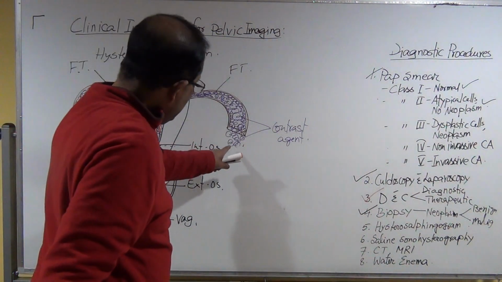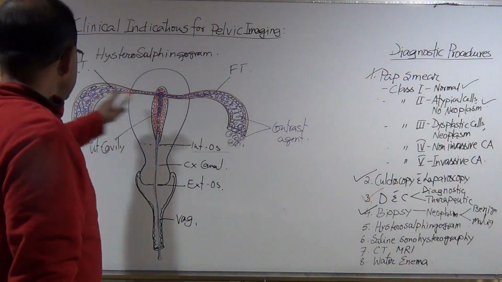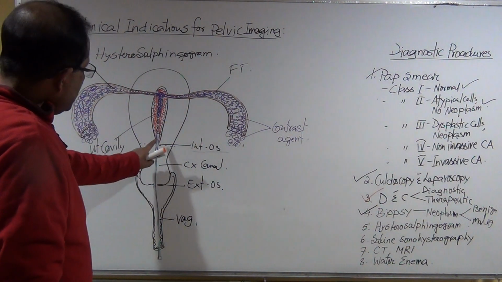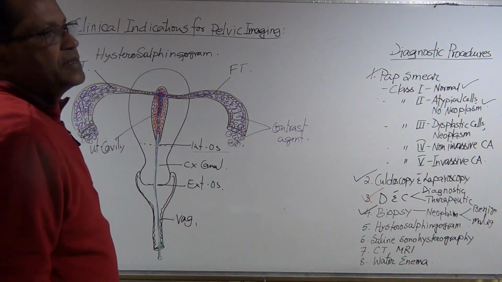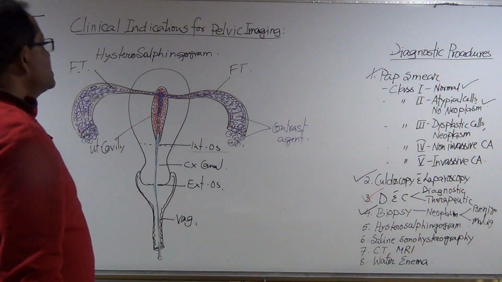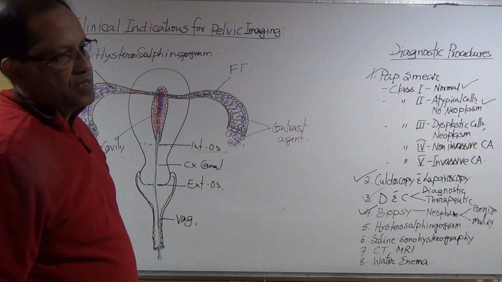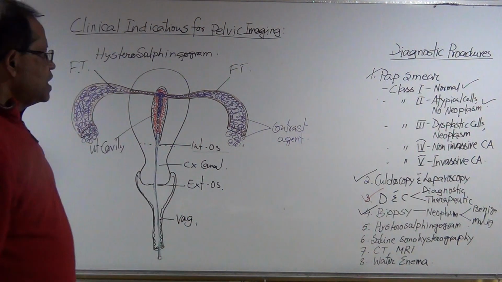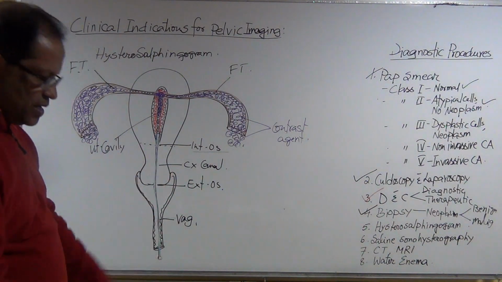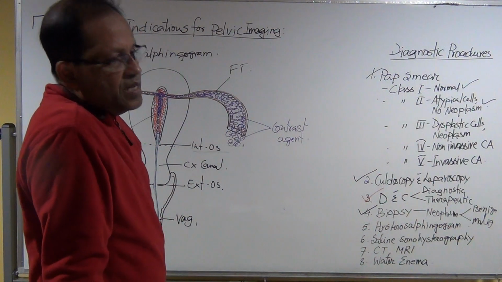Even the dye in the pelvic cavity confirms that both fallopian tubes are patent and intact, and the uterine cavity is intact. So this is known as hysterosalpingography. I hope you understood. Normally it is practiced if somebody is having infertility.